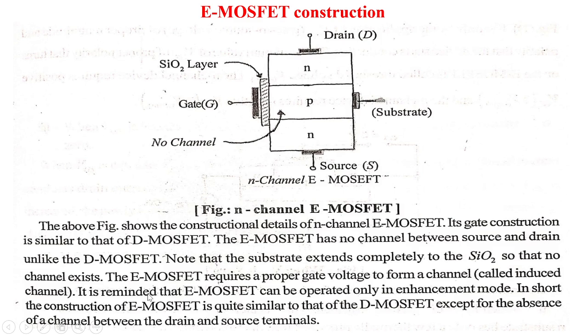It is to be remembered that E MOSFET can be operated only in enhancement mode. In short, the construction of E MOSFET is quite similar to that of the D MOSFET except for the absence of a channel between the drain and source terminals.